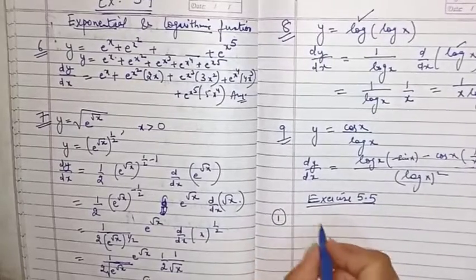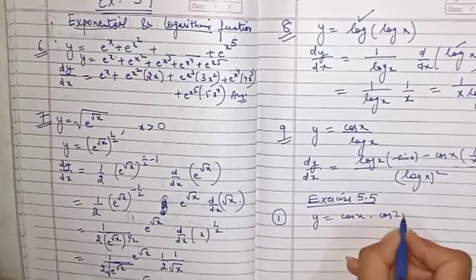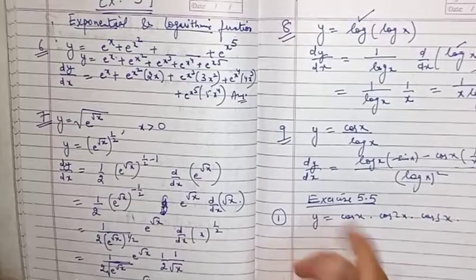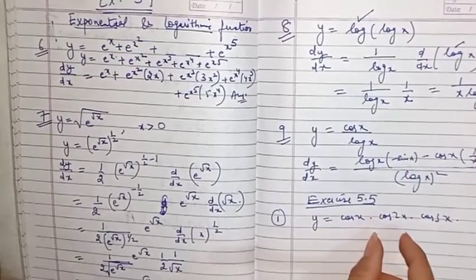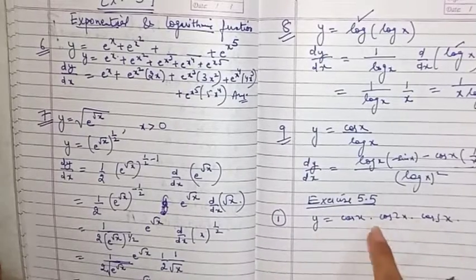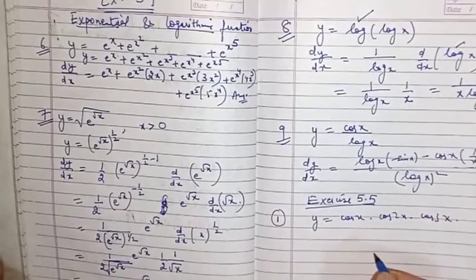First question. Y equal to cos x multiplied by cos 2x multiplied by cos 3x. If I take log on both sides, then log of AB is equal to log A plus log B, so I can easily break my product function into a sum of log functions. So it will be quite easy to solve in that manner.